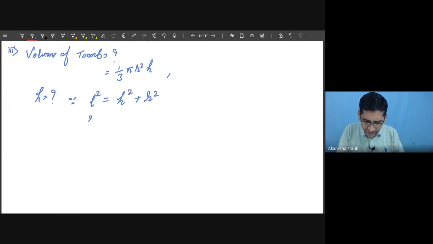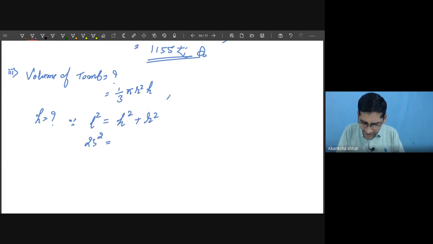So it becomes 25 square is equal to h square, which we need to calculate, so keep it as it is, plus 7 square. So 25 square minus 7 square is equal to h square. So what is the value of h? You have to take the square root.